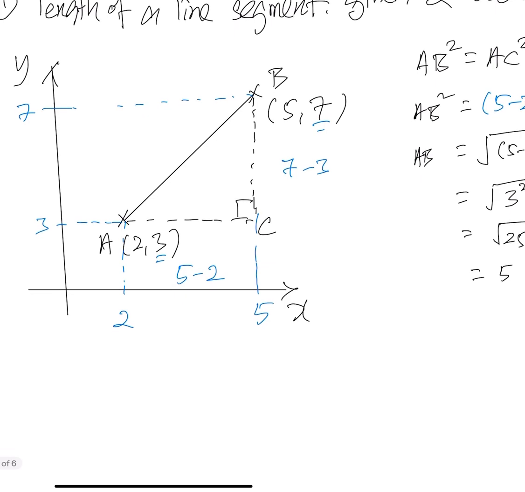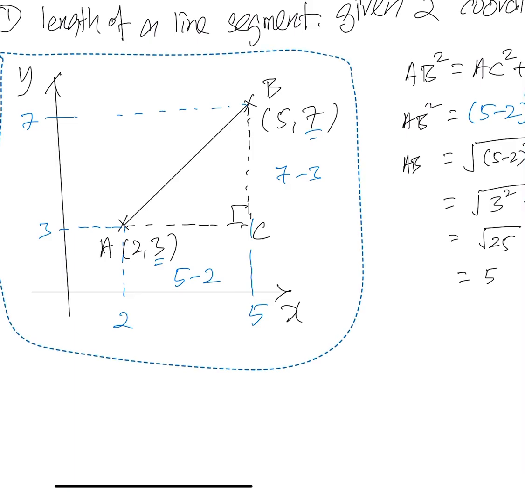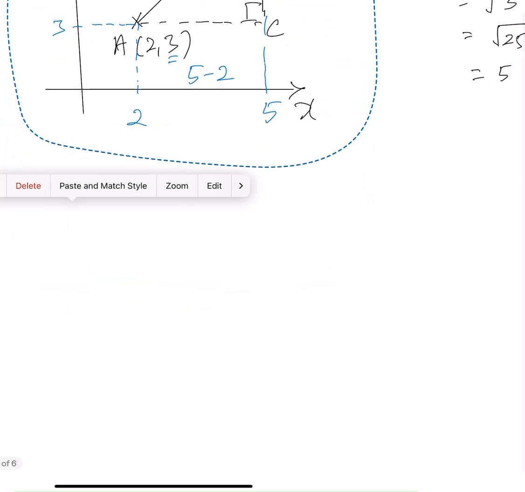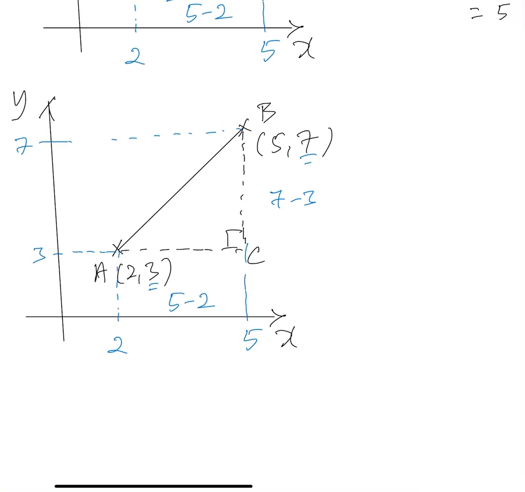Now let's generalize this. Instead of giving you the coordinates, say I don't know what this is and I also don't know what this is. So let's say this is (x1, y1) and this is (x2, y2).